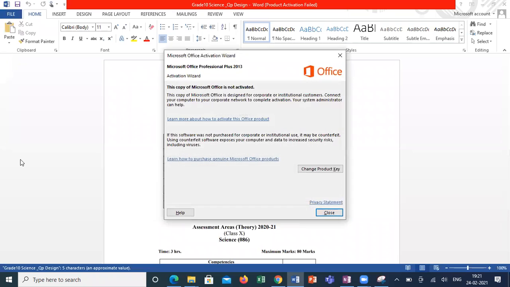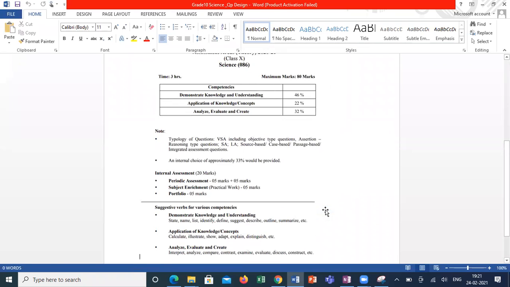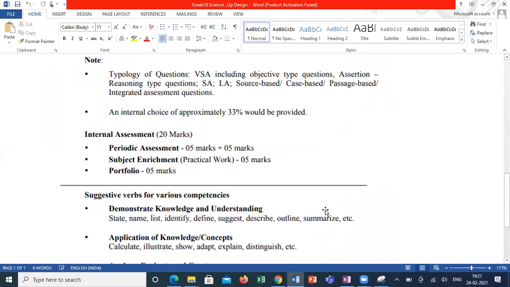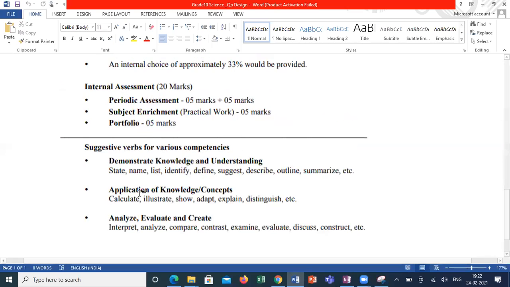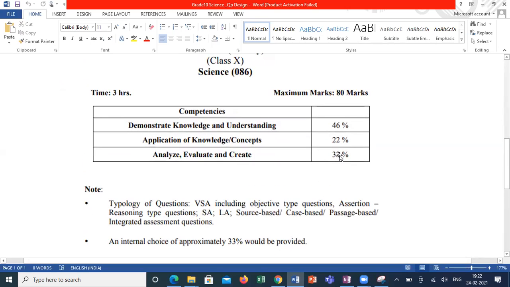These are the 3 categories: knowledge, application, and then analyze, evaluate, and create. Interpret, analyze, compare, contrast, examine, evaluate, discuss, and construct come under the third category. There is a chance of asking 32% from that.